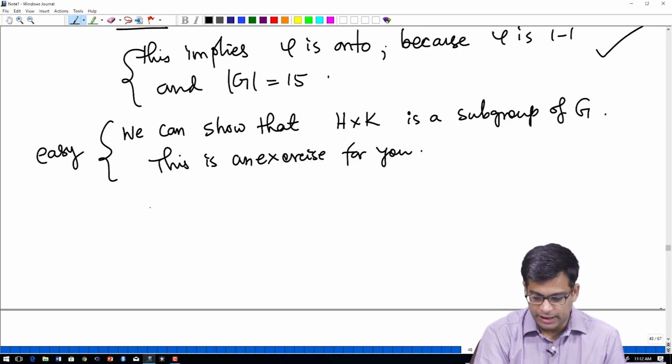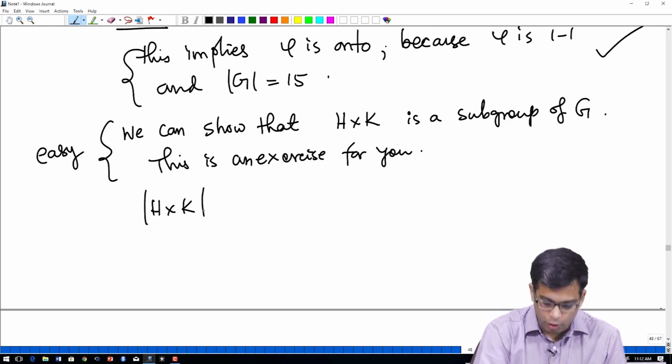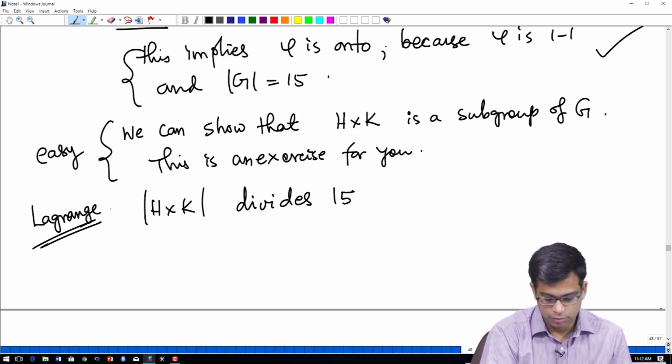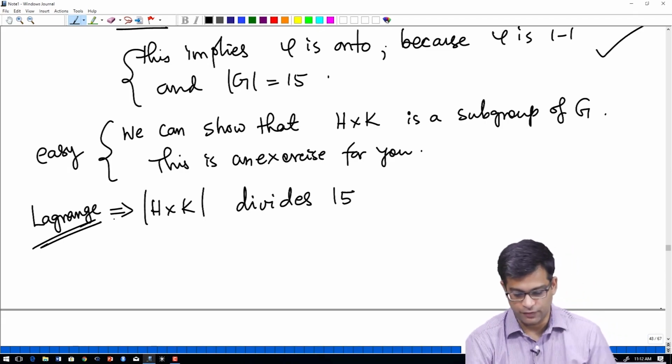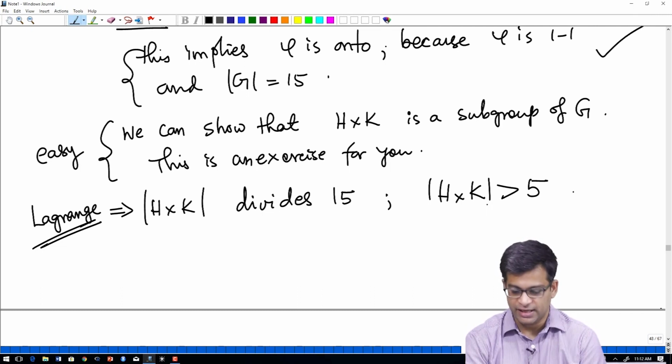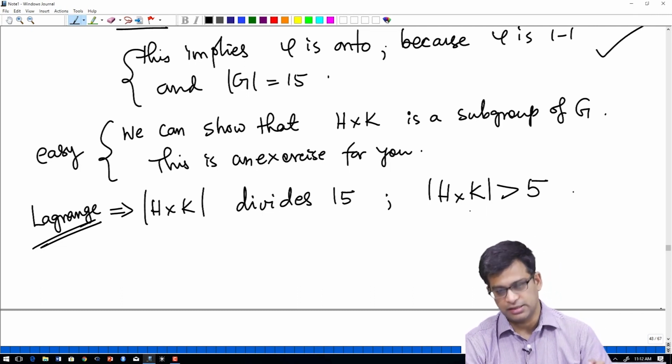Then the order of H cross K, this follows from Lagrange's theorem, divides 15. But certainly the order of H cross K is at least 5, because K already has 5 elements and you are multiplying by H, and these are different elements.